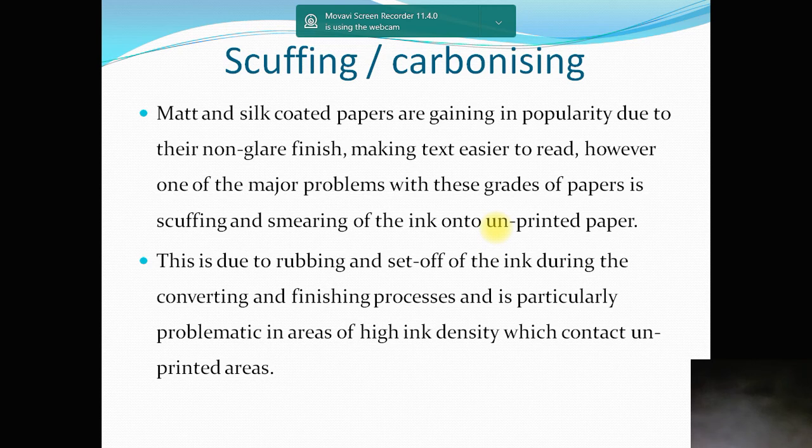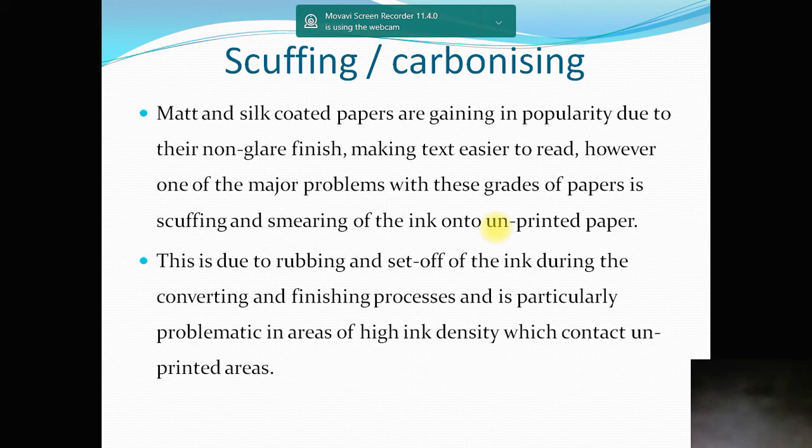These two types of papers are very popular nowadays for printing because they make text easier to read and will not give a glare finish. Glare finish means you cannot read from all directions; you have to see the image in a single direction.